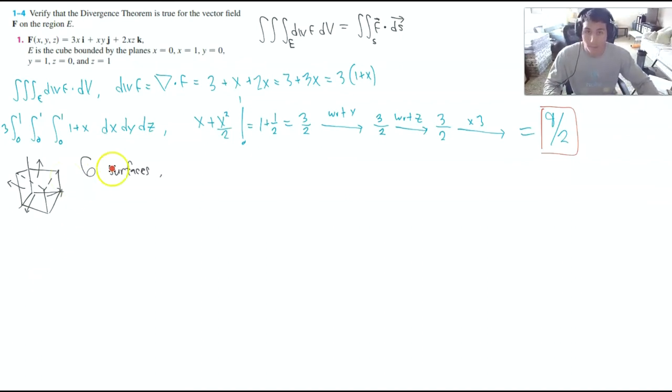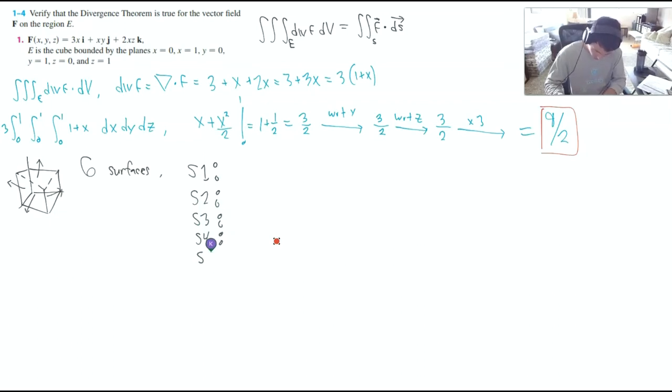This next problem is going to be a lot more conceptual. I did this once and I'll try to explain it a little better. So we have surface 1, surface 2, S3, S4, S5, and S6. We have 6 surfaces for a cube.